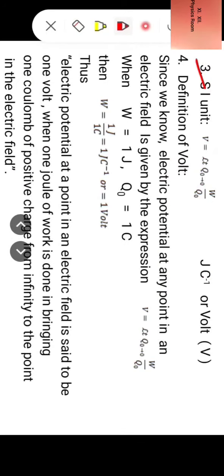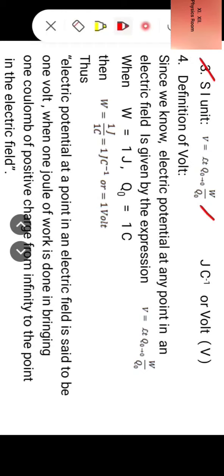Now the SI unit. Since we know V is equal to W by Q naught, limit Q naught approaches 0, for W we write J, joule, and for Q we write C, coulomb, the charge.